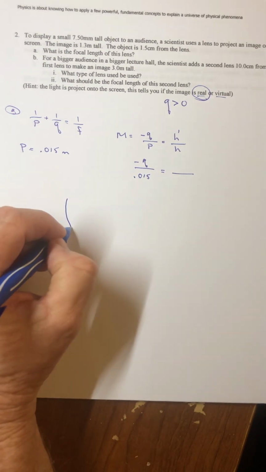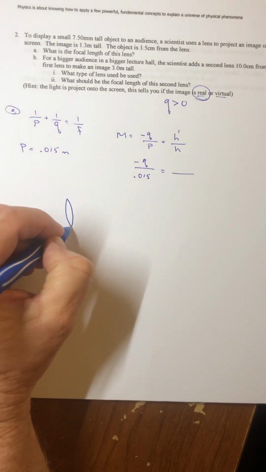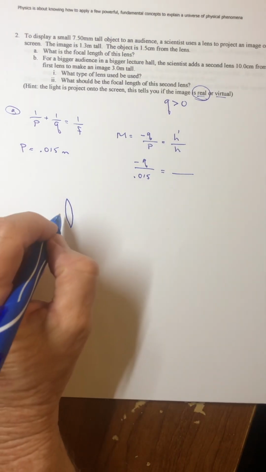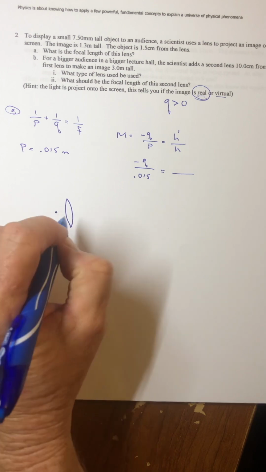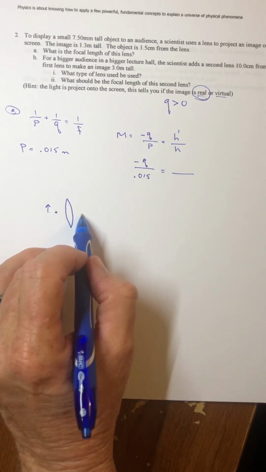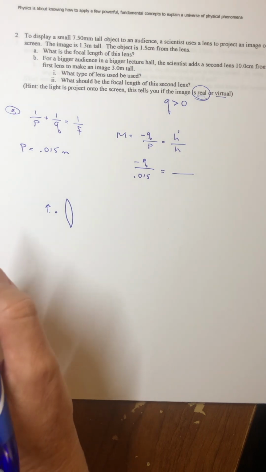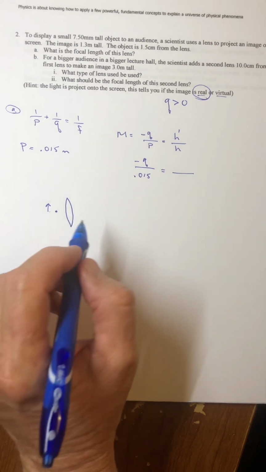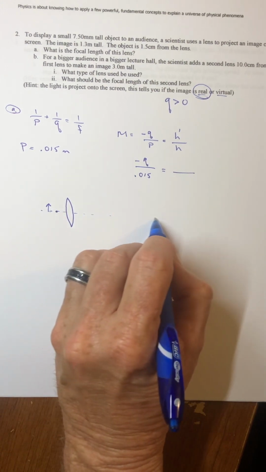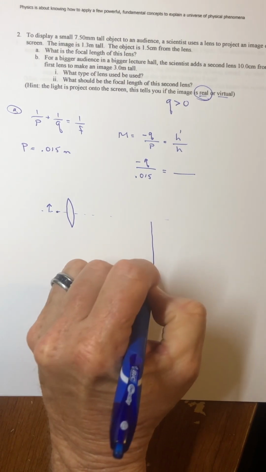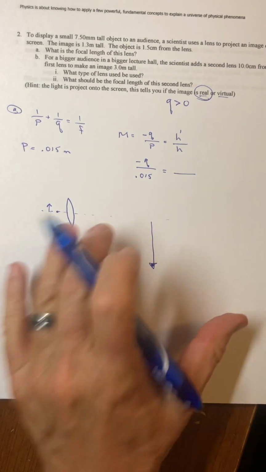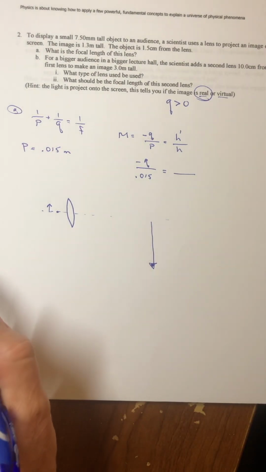In fact, maybe you remember that for us to get something bigger and real, we have to place the object just beyond the focal length. Okay? And what will happen is it will make a ginormous, real, inverted image.